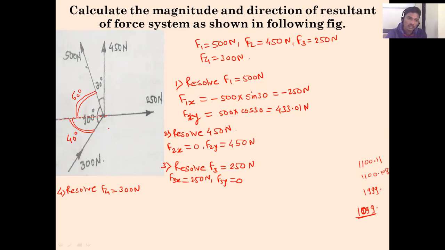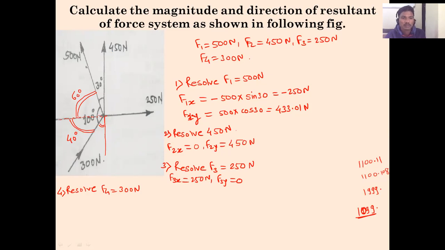Is it possible to get the inclination of this force with the vertical? Suppose yes, it is possible. How? If I draw this 100 degree line in this way, I want to find this angle with the vertical.